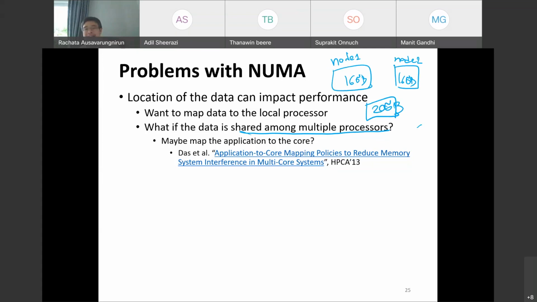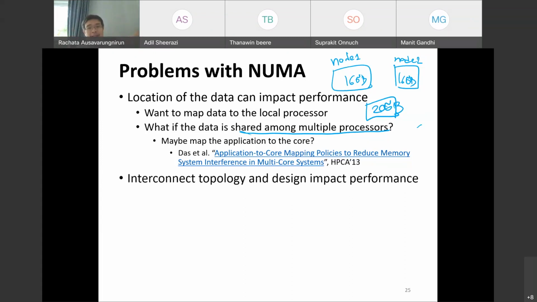So this can impact performance. The way you interconnect the topology, meaning how you connect the nodes together, can impact performance. How you balance out this 4 gigabytes, where you want to place it, impacts performance.